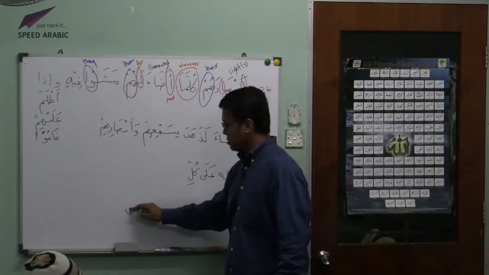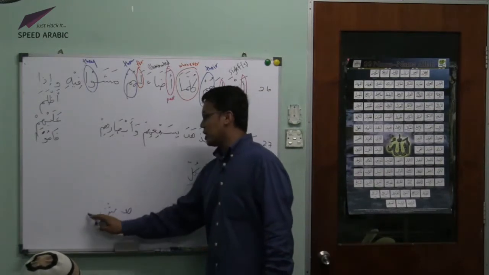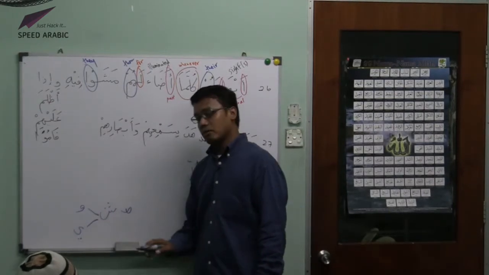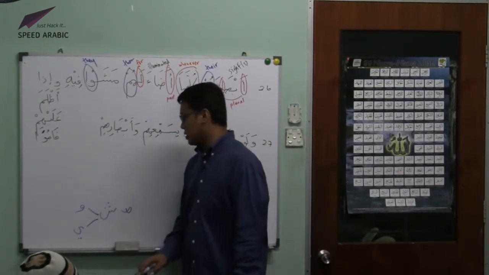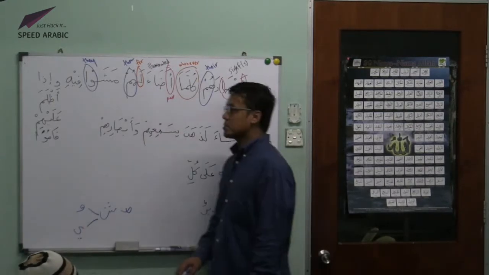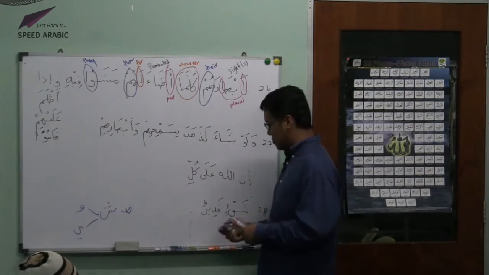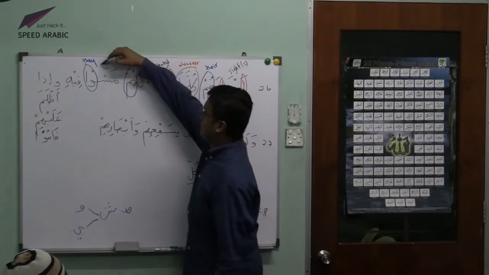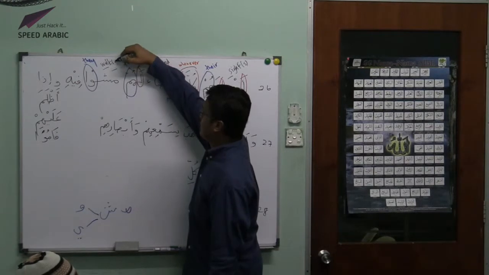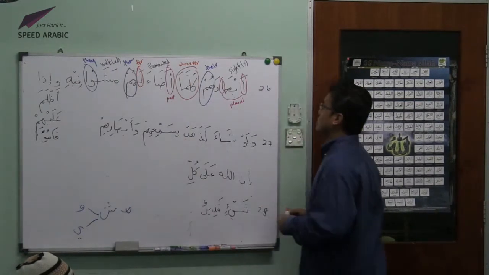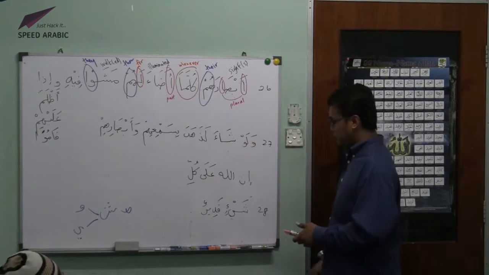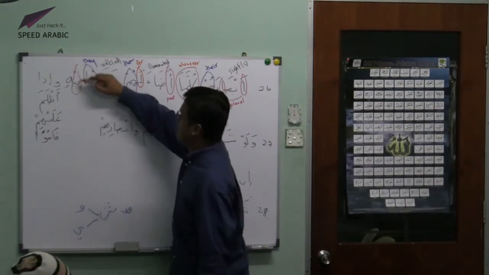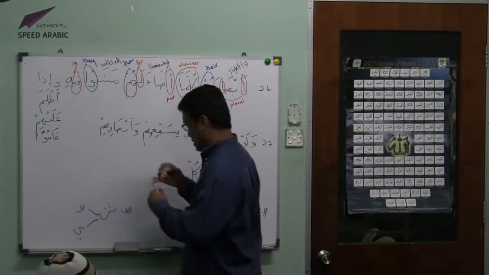Two roots, which means add one more, either waw or ya. Okay, and then you will see that the meaning of masha is walk, and when it's past tense, you add an ed, walked. Fihi, we had this before. In it. Okay, in it.